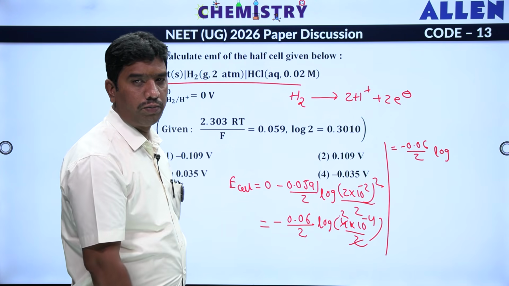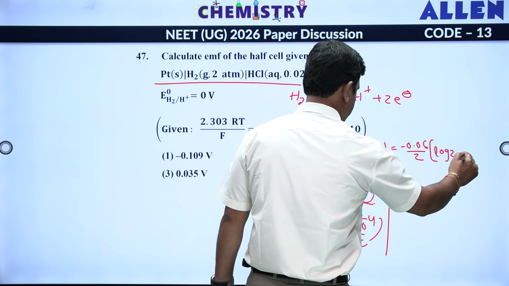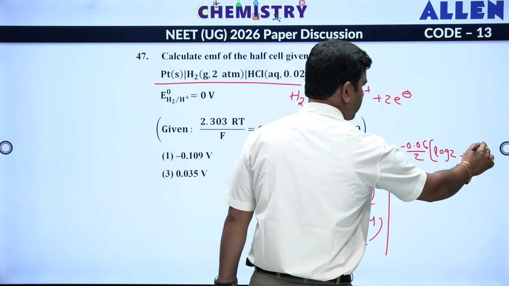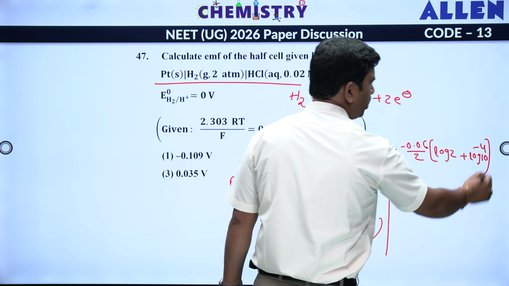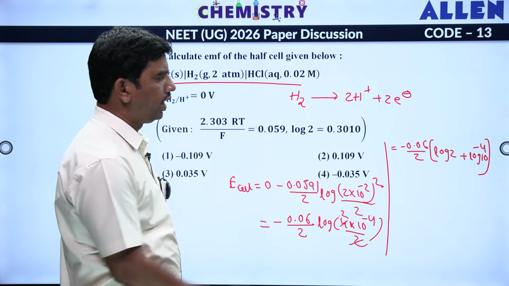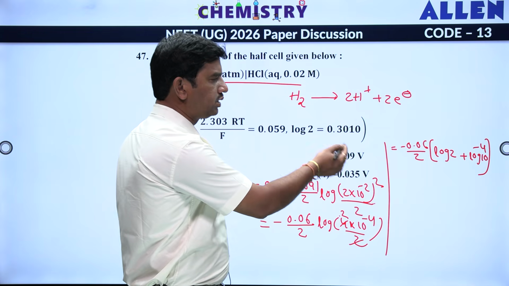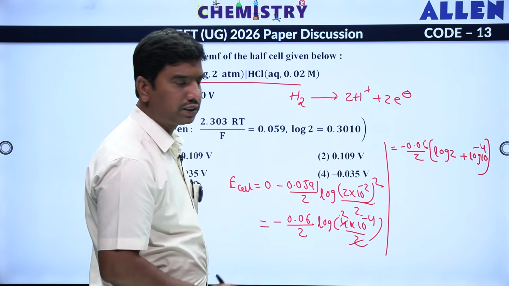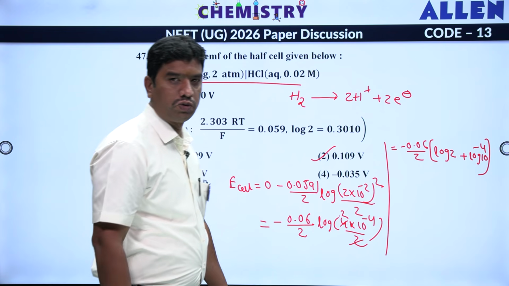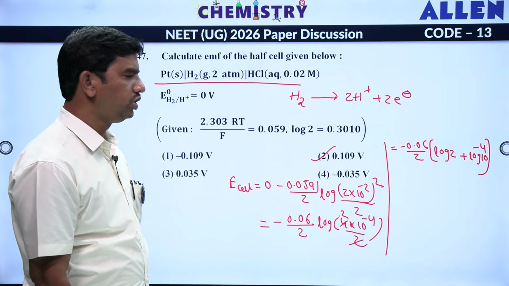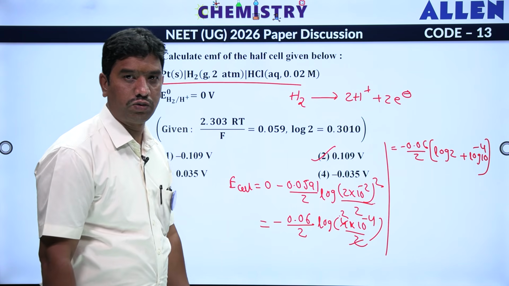Use the log A into B formula: log 2 plus log 10 power minus 4, that is nothing but minus 4 only. Minus 4 plus log 2 means minus 3.7. Minus and minus gives plus, so if you multiply, overall you get a positive value. So 0.109 volts is coming. So option 2 is the answer for the 47th question.